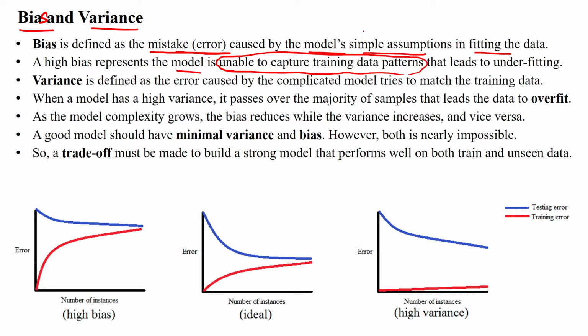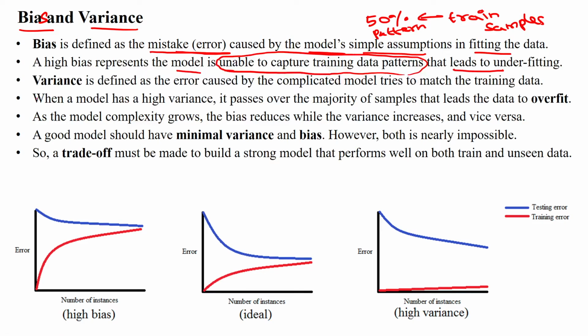Suppose the model captures only 50 percent of patterns from the training samples, so it is unable to capture 90 or 100 percent of the patterns. That is the problem which leads to underfitting.